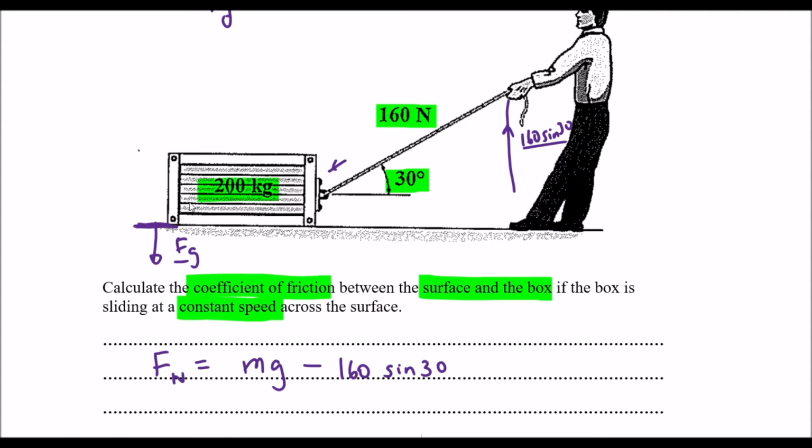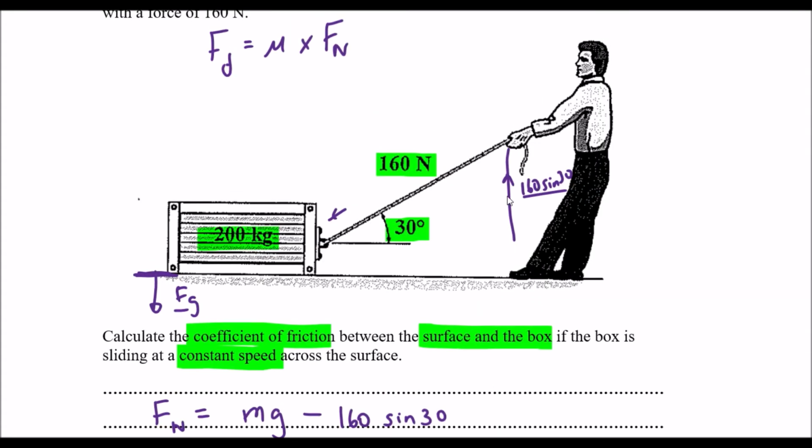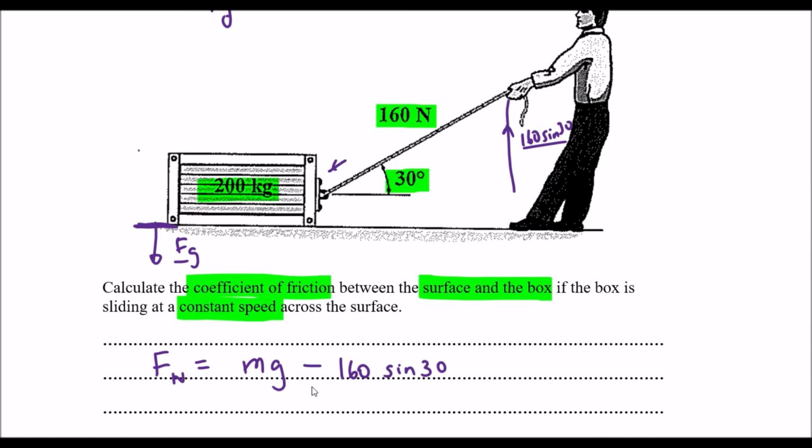So it's not a direct one-to-one ratio transfer. We need to account for the fact that this person has pulled the box up slightly, and that's why we need to do a subtraction here.